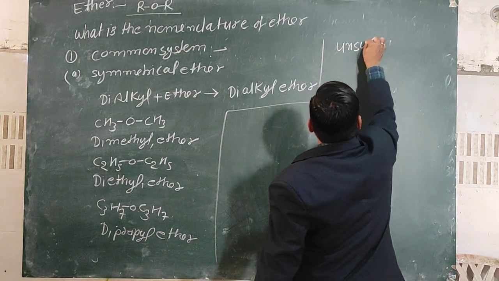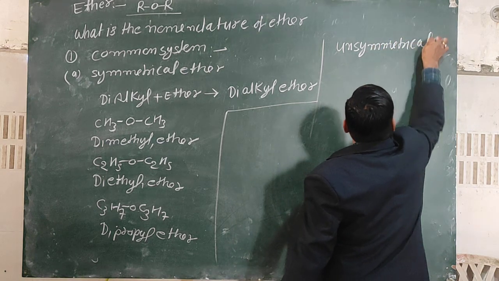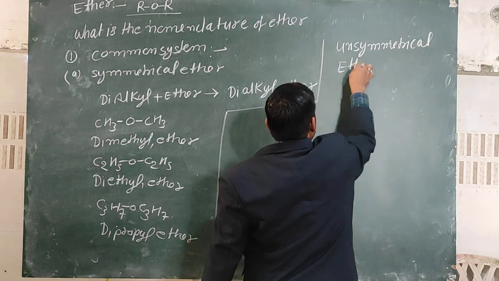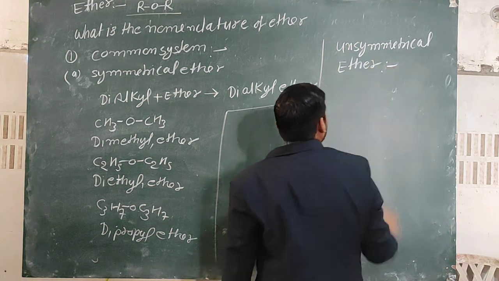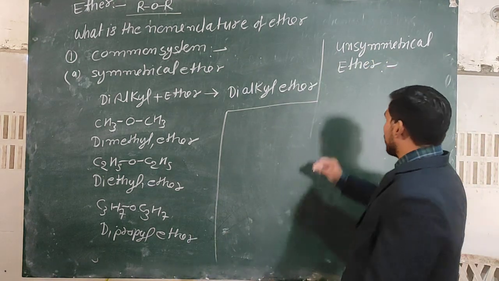But if you take unsymmetrical ether, then its name is given according to the alphabetical order of the alkyl groups.